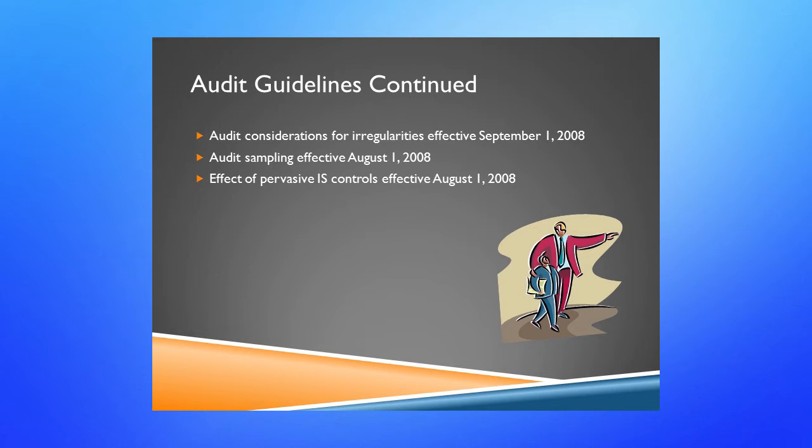Effect of pervasive IS controls. This was effective August 1st, 2008. Now, of course, this means that we're looking at guidelines of how to evaluate controls, and not only controls, but even management's use of or monitoring of these controls.